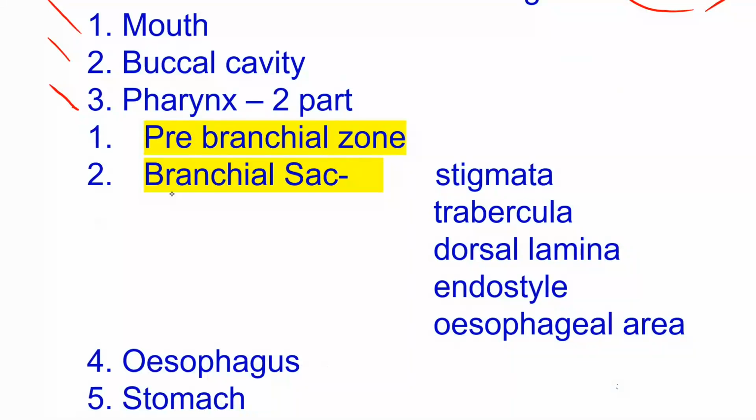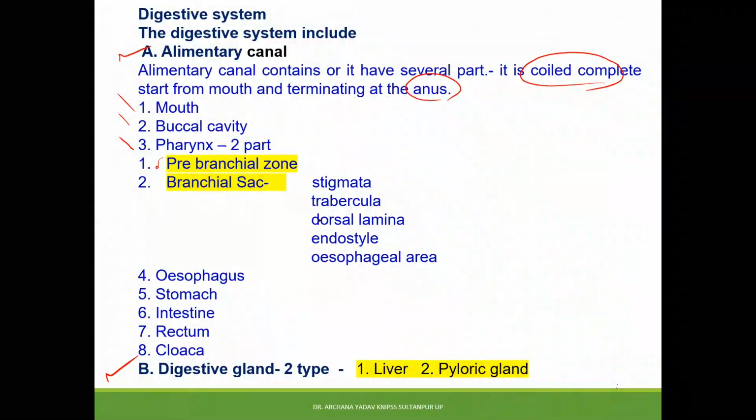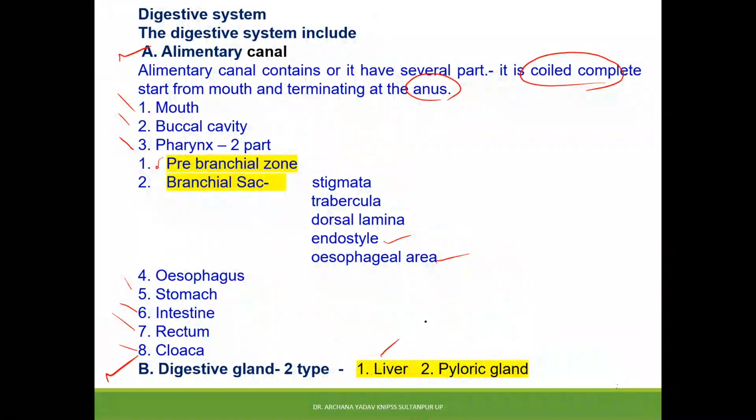The branchial sac has several structures like stigmata, trabeculae, dorsal lamina, endostyle, esophageal area, etc. Next, after the pharynx, the next organ is the esophagus, and then stomach, then intestine, then rectum, and the last one is the cloaca. The digestive glands are of two types: one is the liver and second is the pyloric gland.